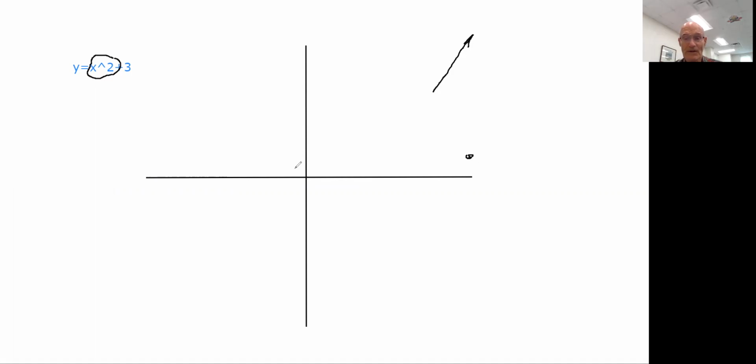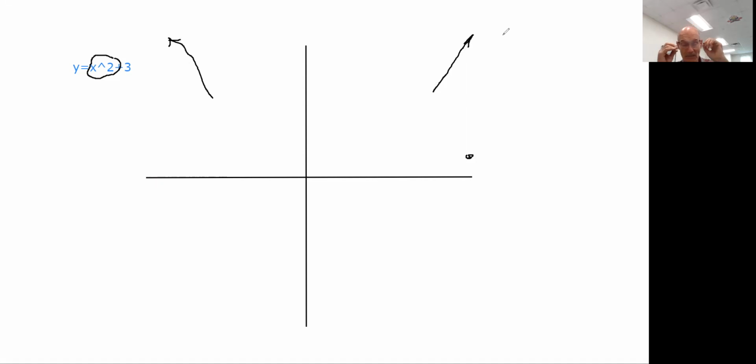Now, if I go in the negative direction, a negative number to an even power is also positive. So this function is coming from up in here in the second quadrant. So end behavior for an even function would start up here and go up to here.